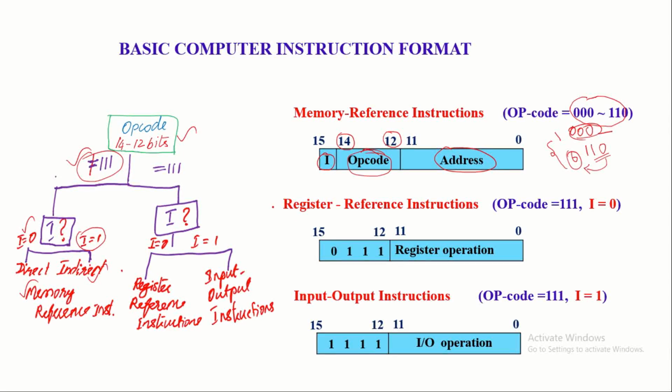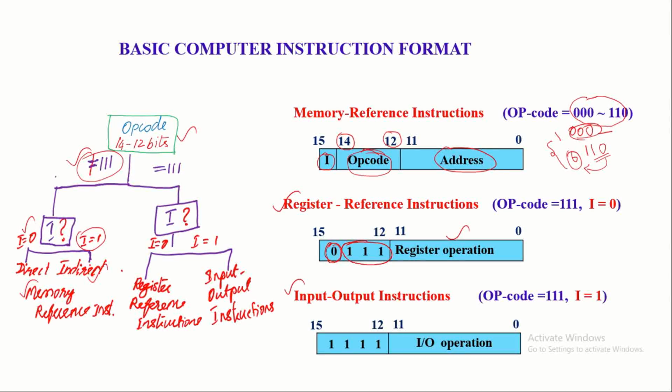Whereas coming to the register reference instruction, all register reference instructions have 111 in the opcode part, and the I value is always set to 0. That is, the 15th bit of the register reference instruction is always 0. The remaining 12 bits are used for specifying the register operation to be performed.